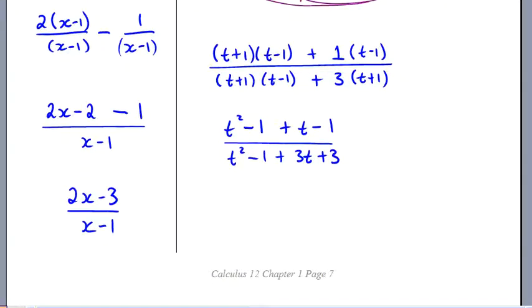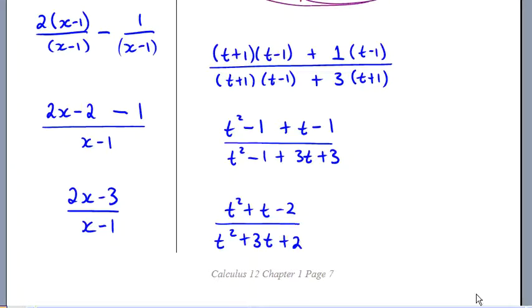Okay, can we make that any better? Yeah, we could write that as t squared plus t minus 2, all sitting on top of t squared plus 3t plus 2.